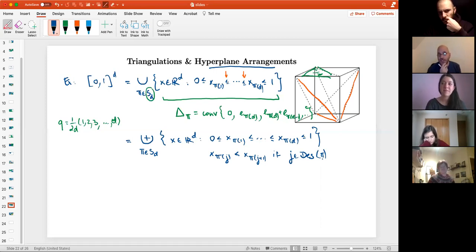A descent is an index of the permutation where numbers go down. If you write your permutation in one-line notation, a descent is a place where there's a number and the next number following is smaller. If you study this permutation statistic in any way, shape, or form, you know the set of descents.